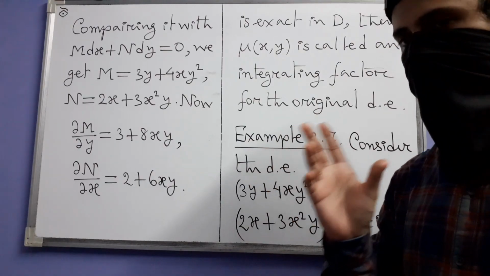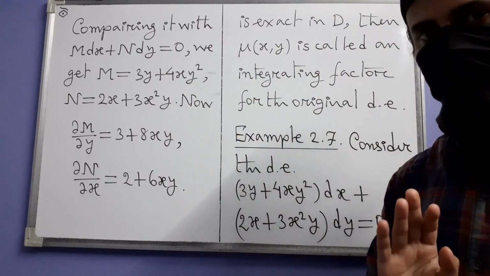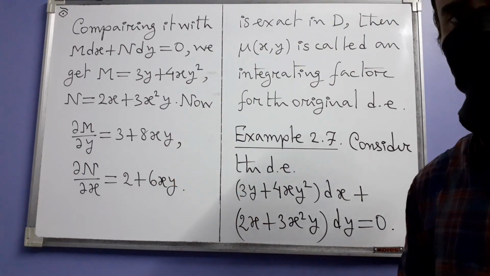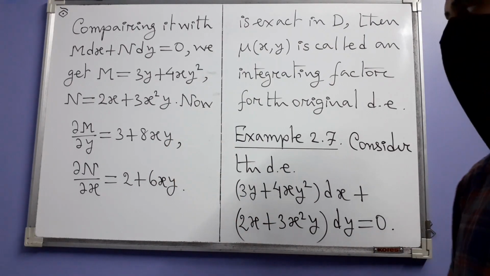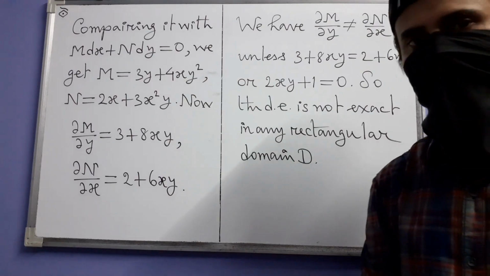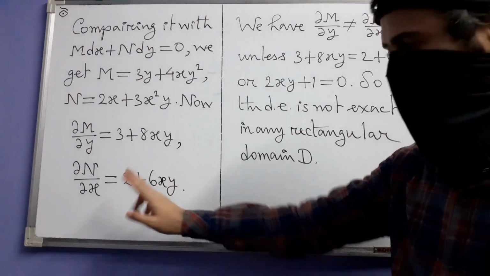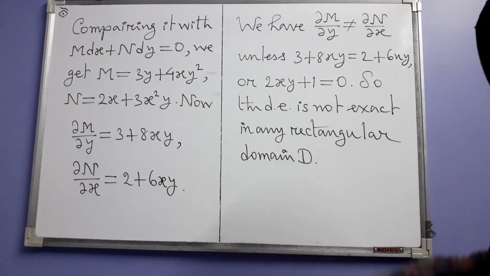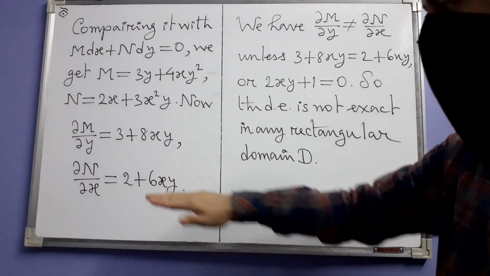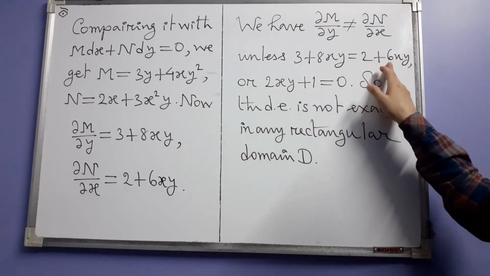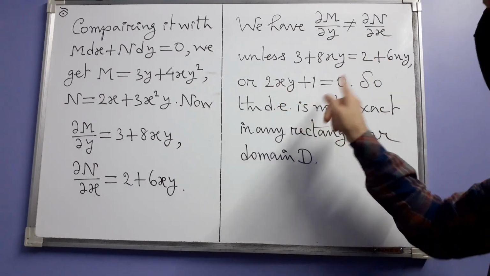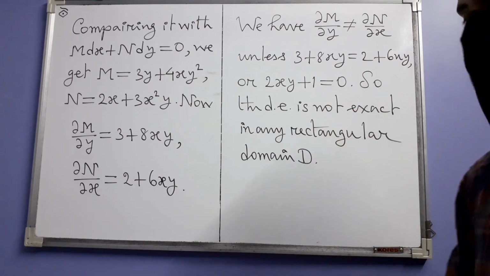There is a possibility for having equality at some points. Let's see where these two partial derivatives become equal. So the partial derivatives are different except at those points (x, y) in the plane at which these two expressions are equal, or in other words at which 2 times (xy plus 1) equal to 0.